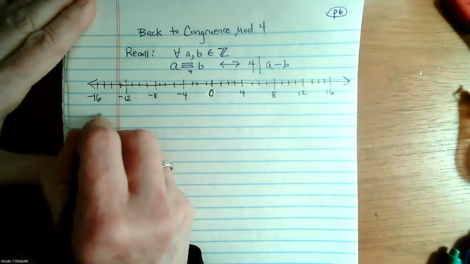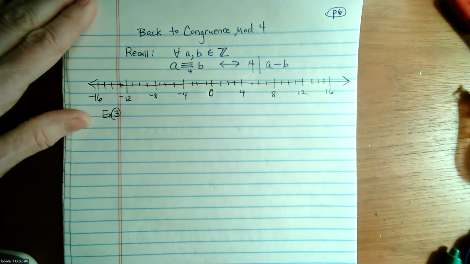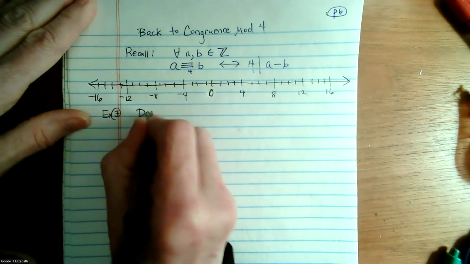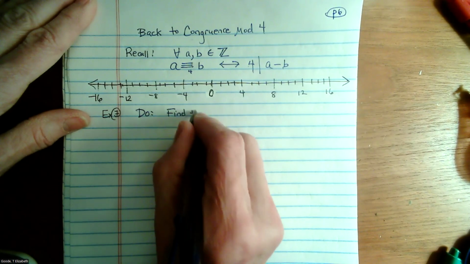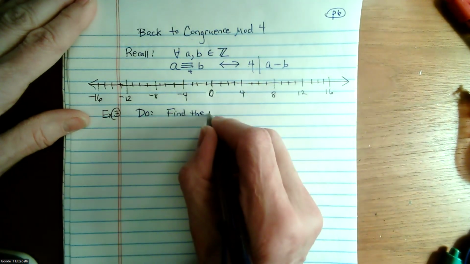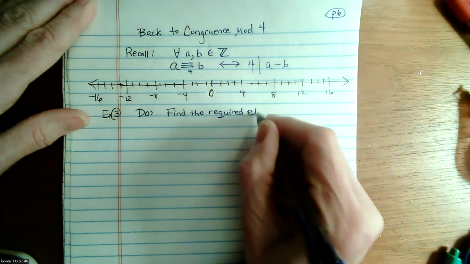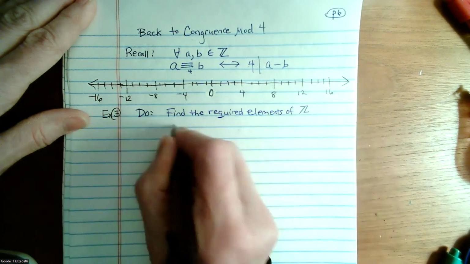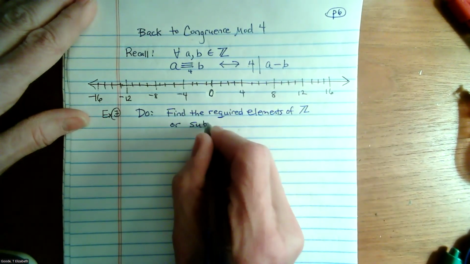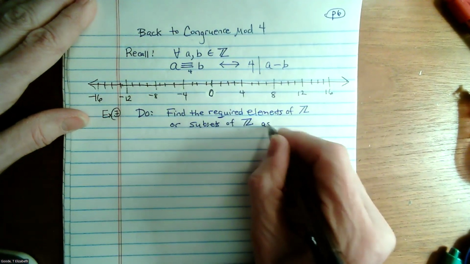So what we want to do in this example 7, my blue pen out, we'd like to find the required elements of Z or subsets of Z as indicated.